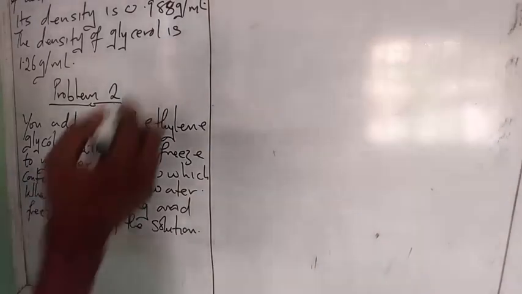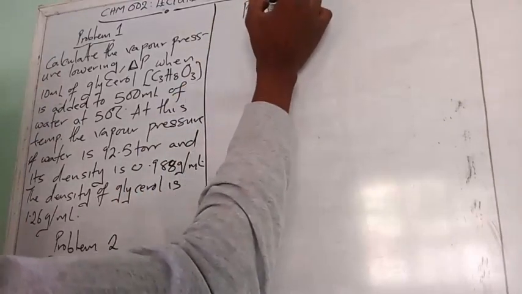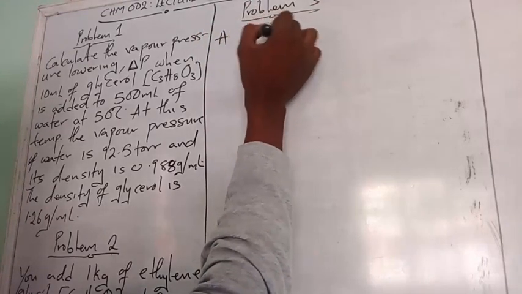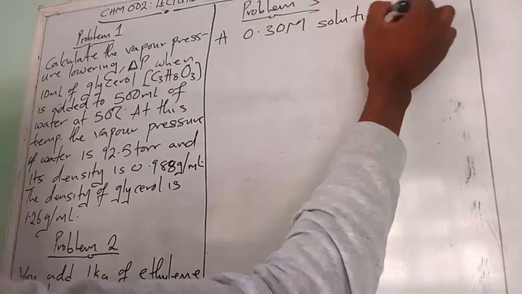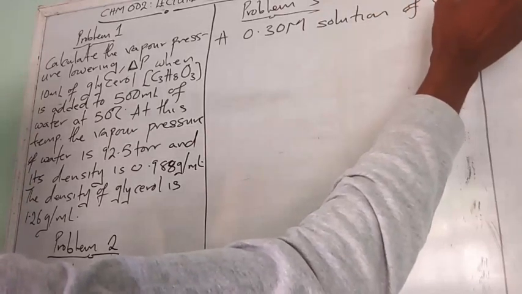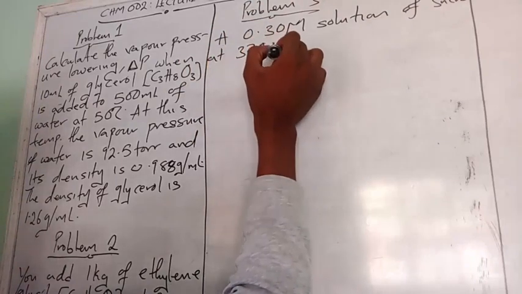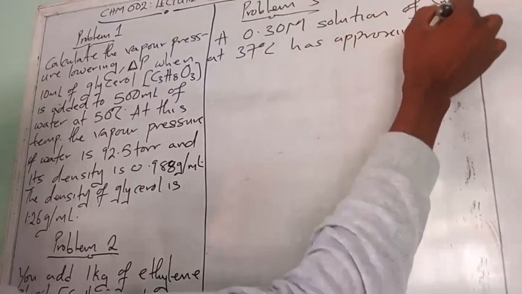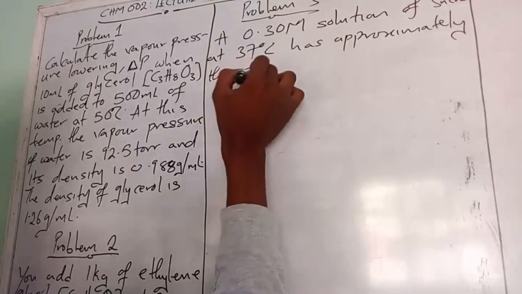Problem 3 says a 0.30 molar solution of sucrose at 37 degrees Celsius has approximately the same osmotic pressure as blood.